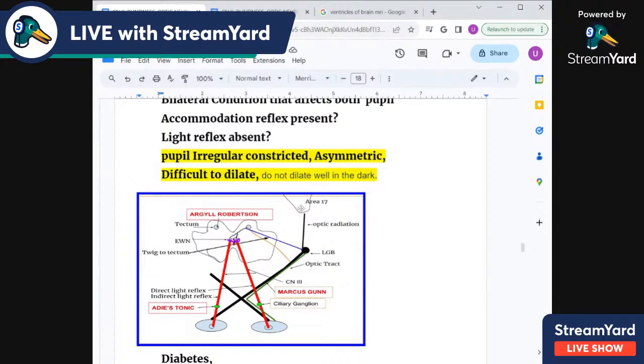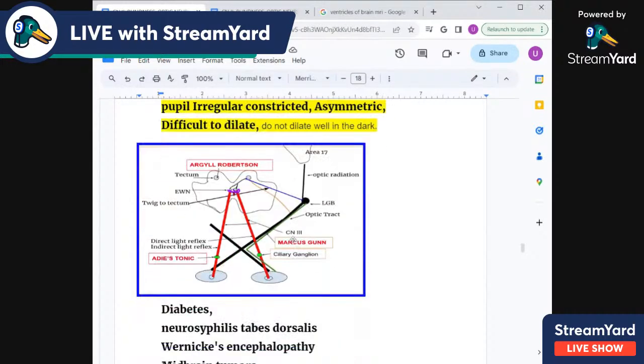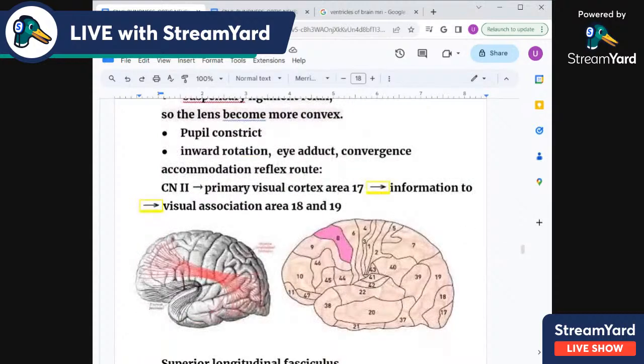So from here, let me show you. This part, visual cortex, is connected to the frontal eye field area 8, which is in the frontal lobe, in the superior frontal gyrus. Here it is. Frontal eye field controls the eye movements and head movements also.